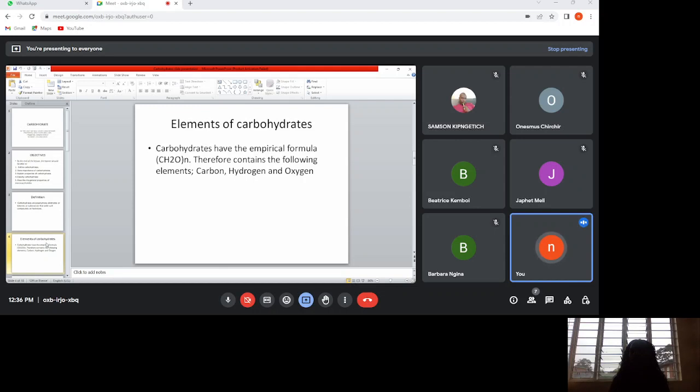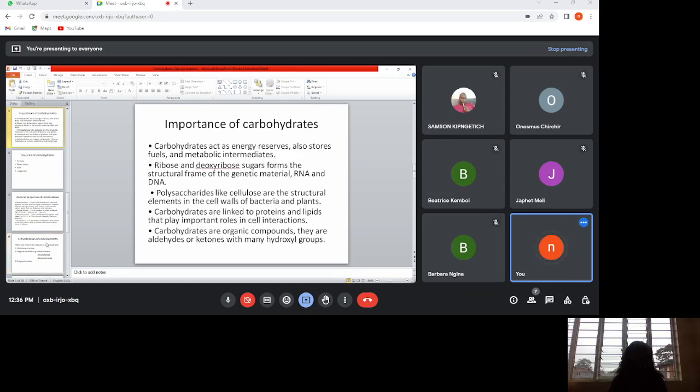And for us to know the elements, the carbohydrates have the general formula (CH2O)n, to mean it is a long chain polysaccharide. So C indicates that they contain carbon. They also have hydrogen and oxygen.